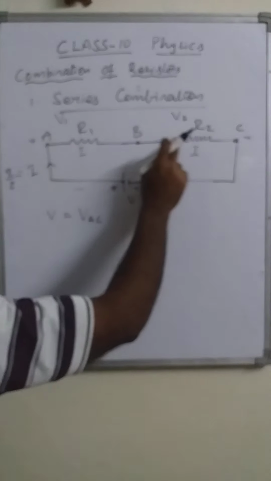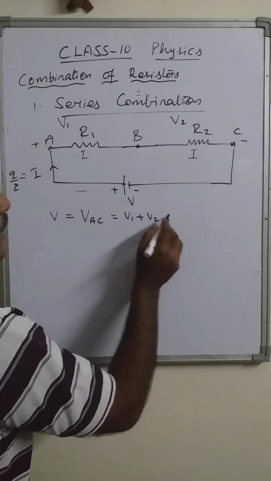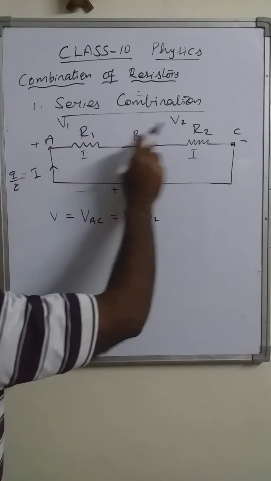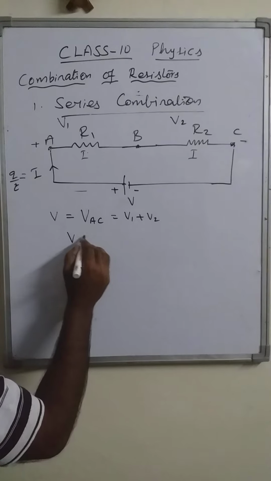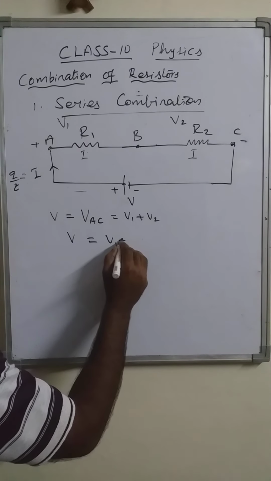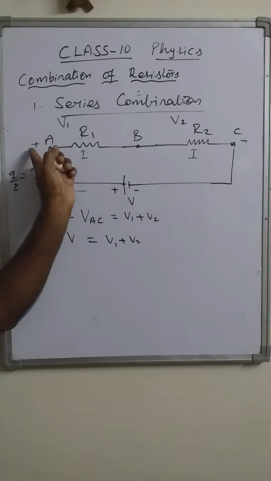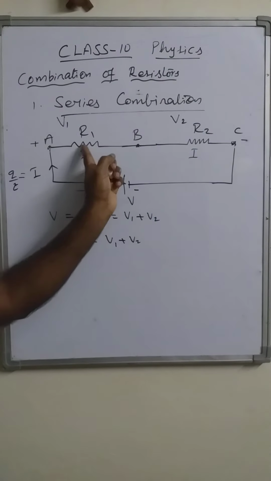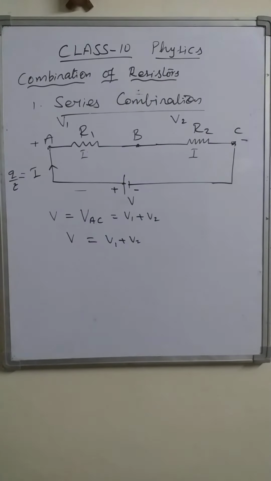So the total potential difference, V equal to V1 plus V2. That is, the total potential difference across the cell is equal to the sum of the potential differences across every resistor.